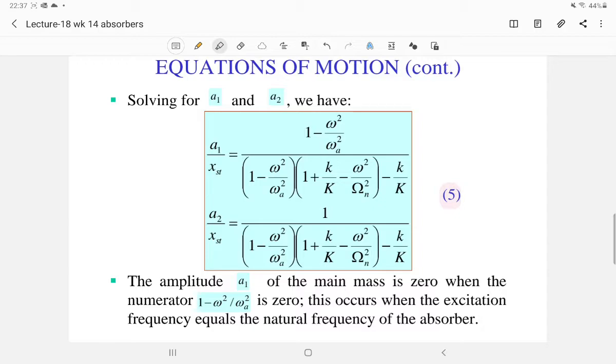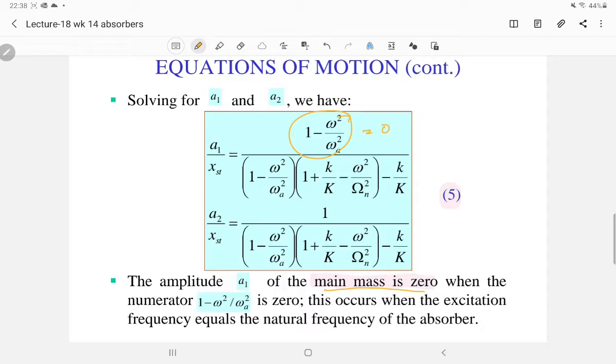The amplitude A1 of the main mass, which is the machine, you want it to be 0. It becomes 0 when you have 0 divided by something, so you want this term to equal 0.